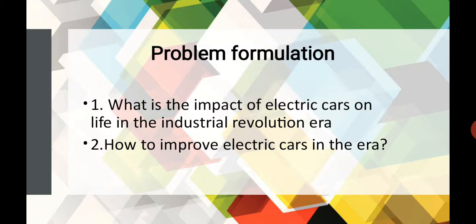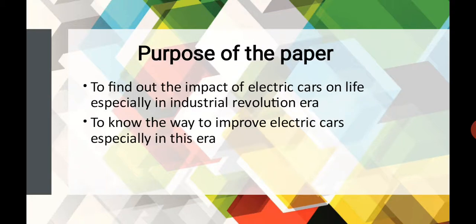Problem formulation. First, what is the impact of electric cars on life in the Industrial Revolution era? Second, how to improve electric cars in the era. The next slide. Purpose of the paper.